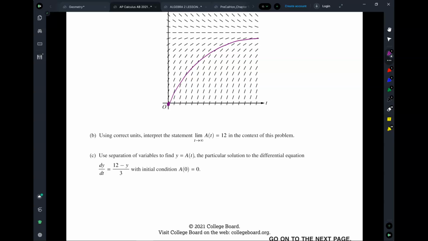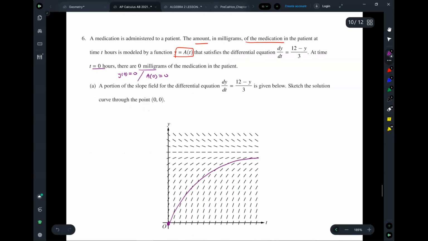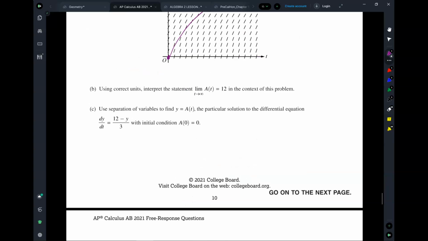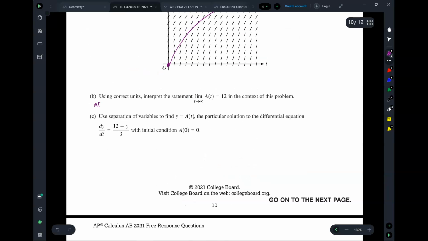No. So after many hours have passed, the amount that is left in the body is how much? 12 milligrams, okay? After several or many hours have passed.